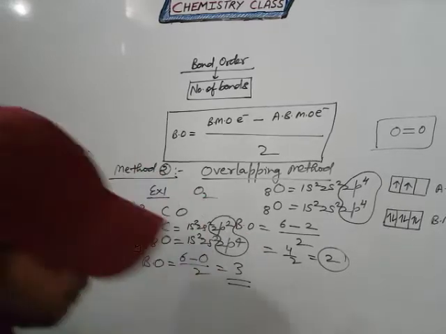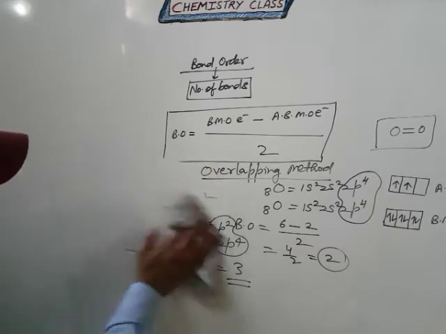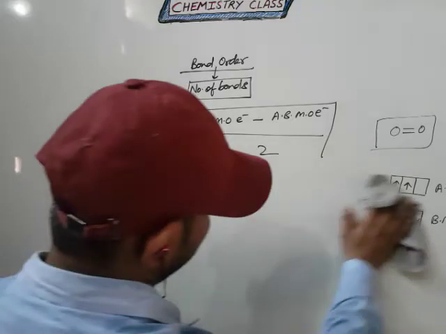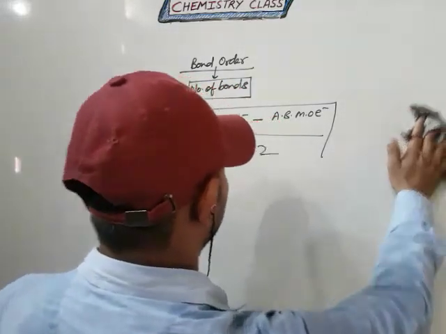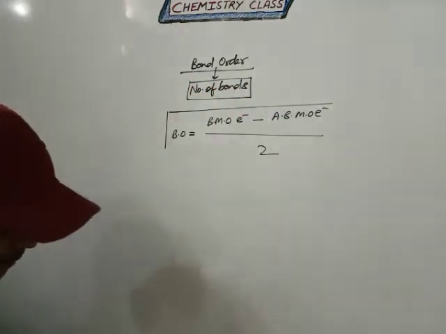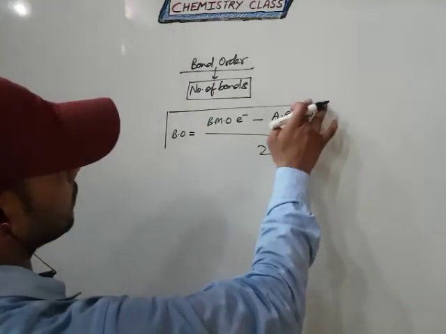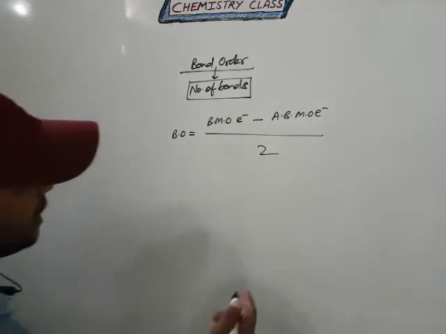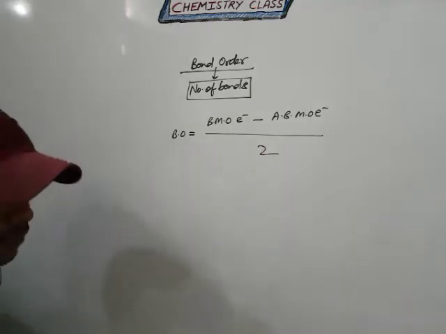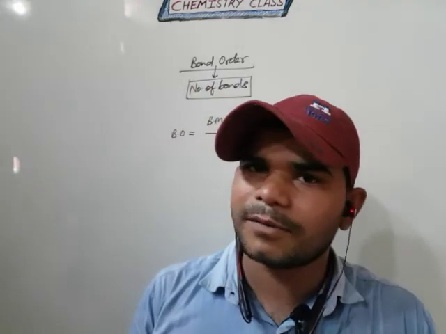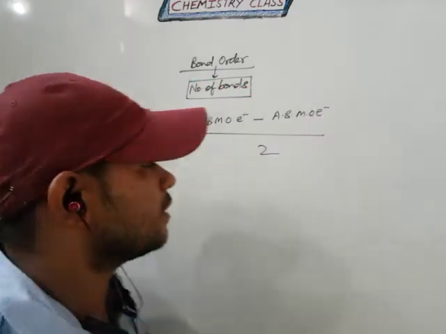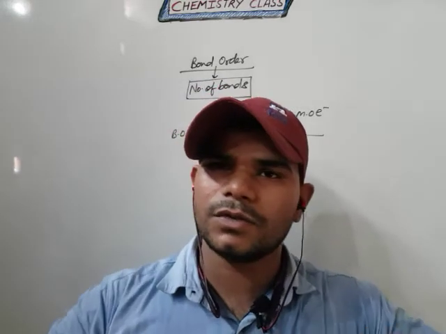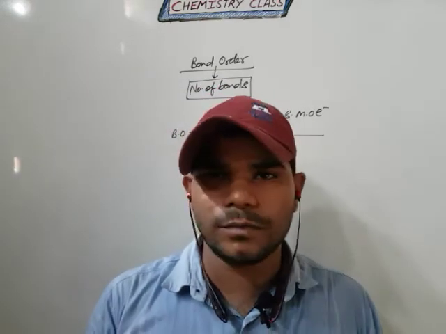Now come to the third method. It is a very shortcut method for IIT and NEET examinations and so on. Clear? So students, this is our bond order formula. If you use the formula, you apply method first and method second. If you calculate with method first and second, you will take at least 1 or 2 minutes.